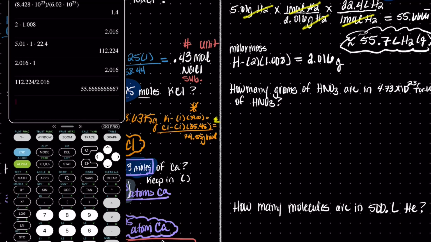How many grams of HNO3 are in 4.73 times 10 to the 23rd formula units of HNO3? Okay. Light work. Remember, keep scientific notation in parentheses.